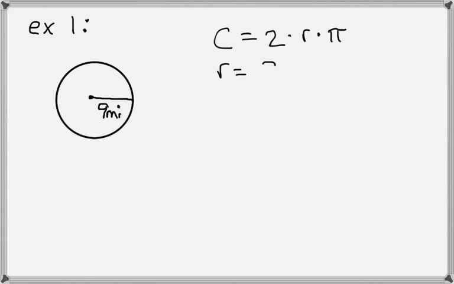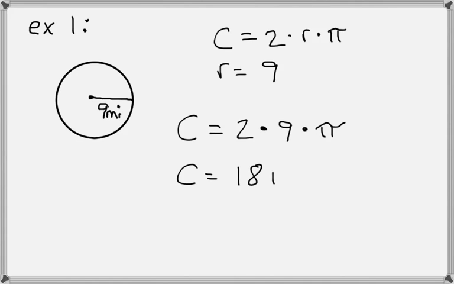The radius is equal to 9, so we can plug in: our circumference is equal to 2 times the 9 times pi. So our circumference is 18 pi, and we need to take a look at what our unit of measure was. Our unit of measure was miles, so we need to go ahead and fill that in. So the circumference of this circle is 18 pi miles.